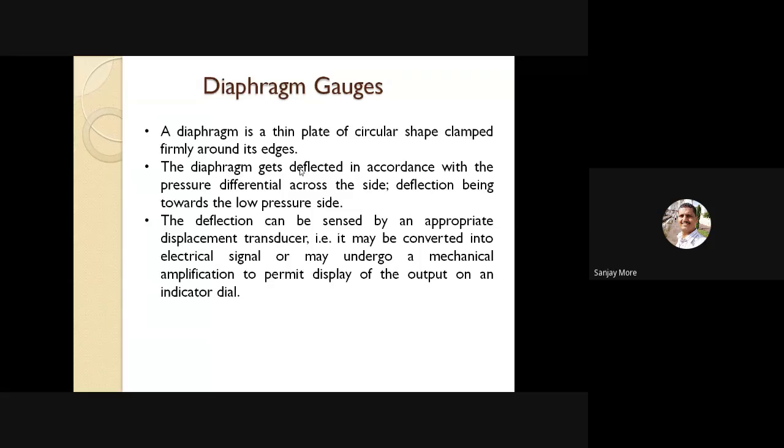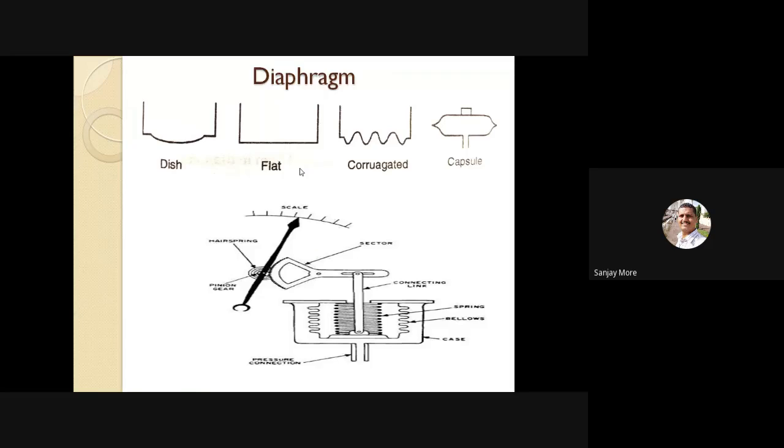Next heading, next title: diaphragm gauges. The second pressure measuring instrument is diaphragm gauges. In that, draw this diagram.